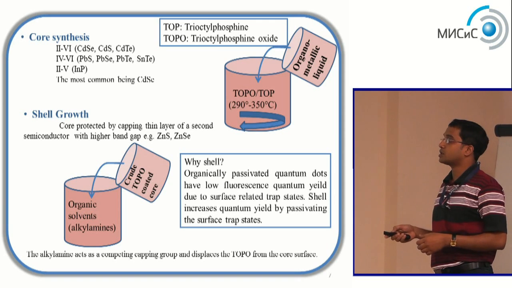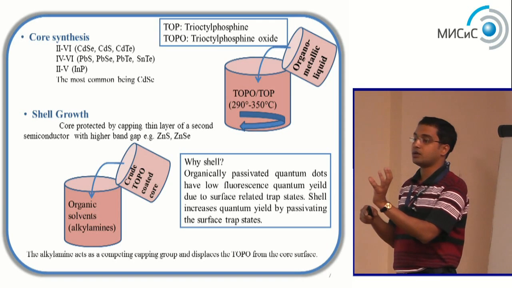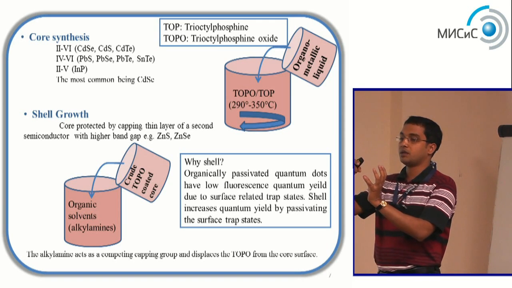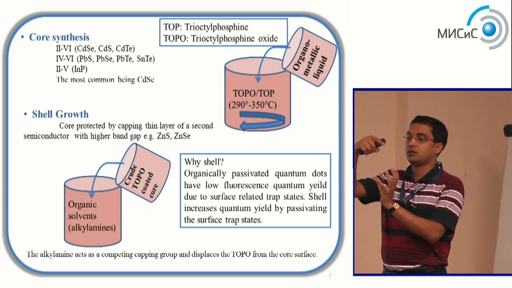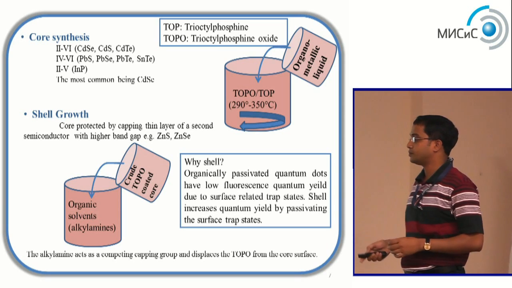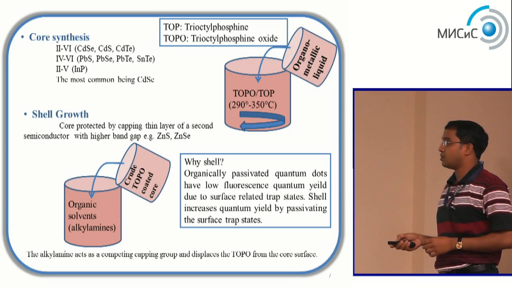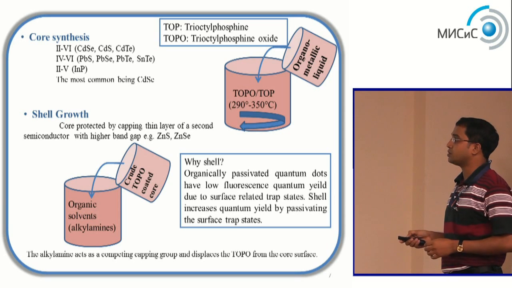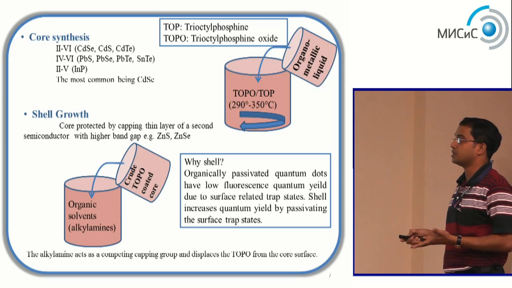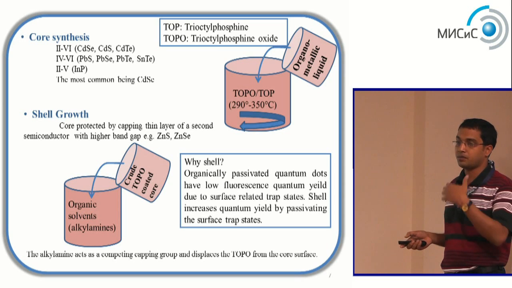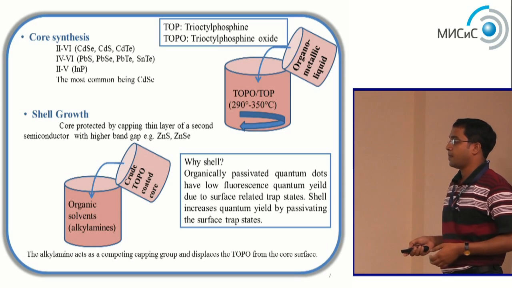For the core's shell growth, if you consider a core of cadmium sulfide or cadmium selenide, then we add the shell to protect the core. For the shell growth, we basically use a higher band gap semiconductor like zinc sulfide or zinc selenide. But I like zinc sulfide for our recent purpose.